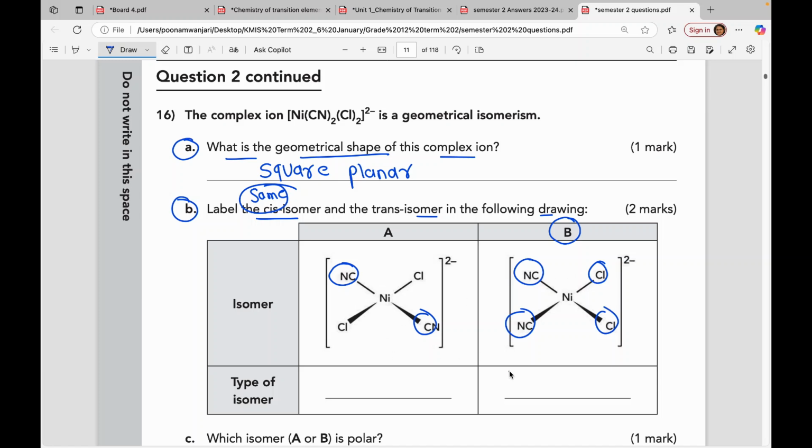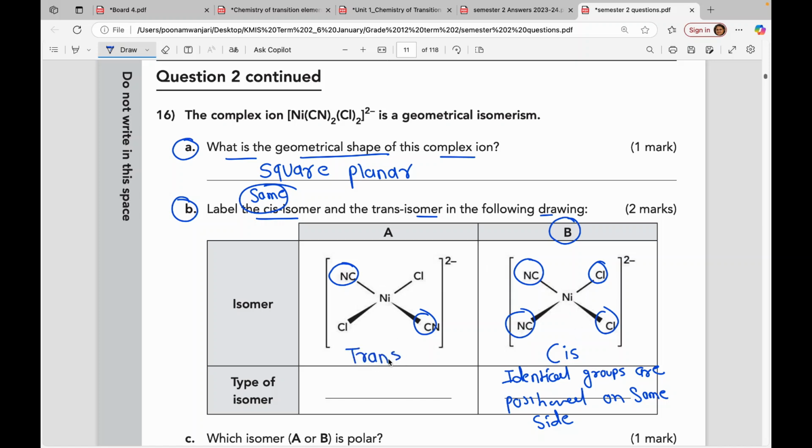So when identical groups are positioned on the same side, that isomer is called the cis isomer, and this is the reason B is the cis isomer and the opposite will be trans.